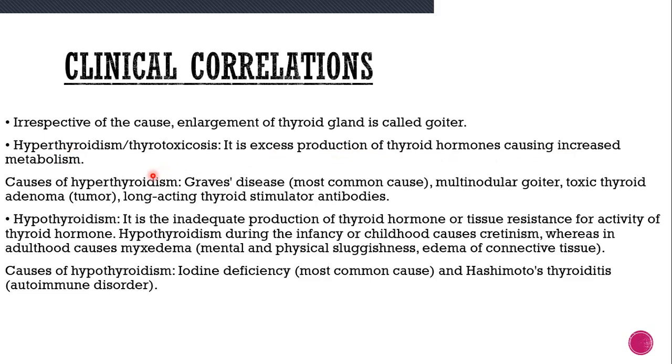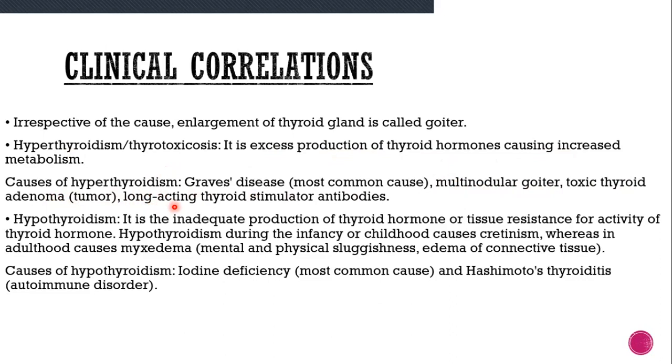What are some causes of hyperthyroidism? We have Graves' disease. It can also be caused by multinodular goiter or toxic thyroid adenoma tumors. We also have the long-acting thyroid stimulator antibodies.